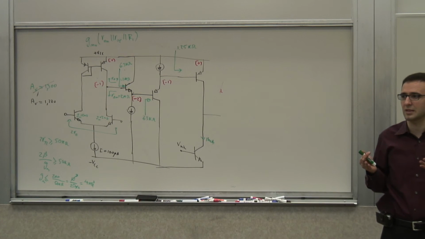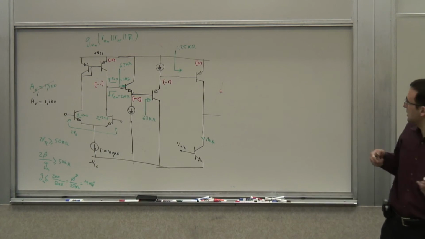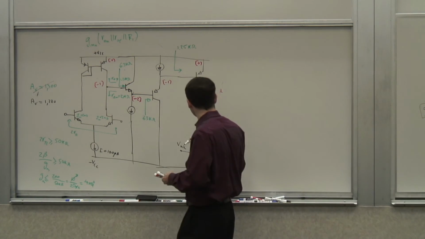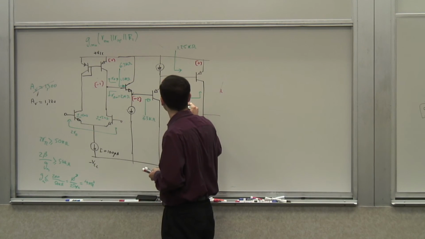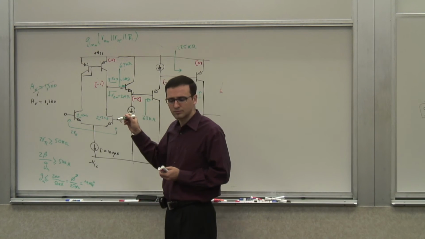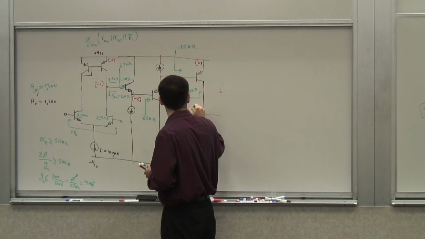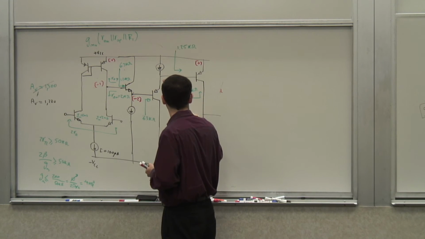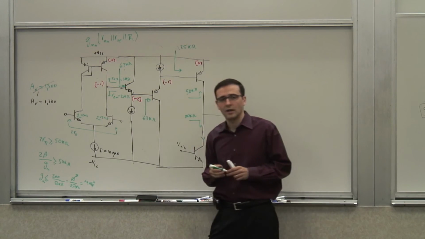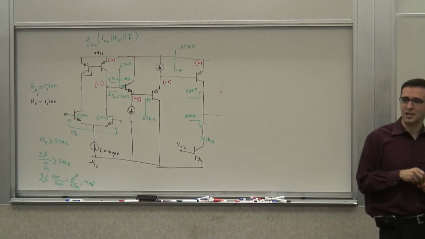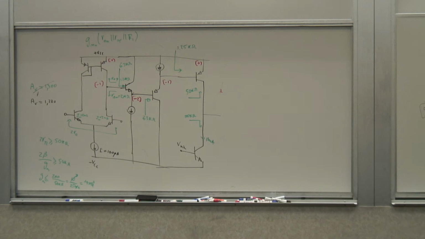So it gets me to 5 kilo ohms, which is still quite low because I remember these two impedances were what? This impedance was, I think, so let's calculate 1 milliamp 50 ohms, that's 50 kilo ohms. This impedance was 100 kilo ohms. So it gets me to 5 kilo ohms, which is still substantially smaller than what I need. That's not enough. So I need at least 2, probably.